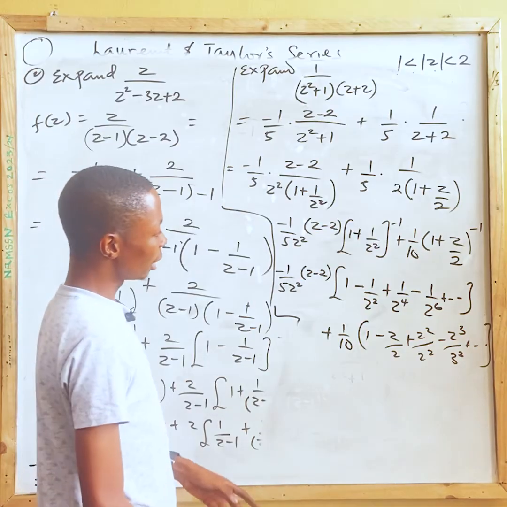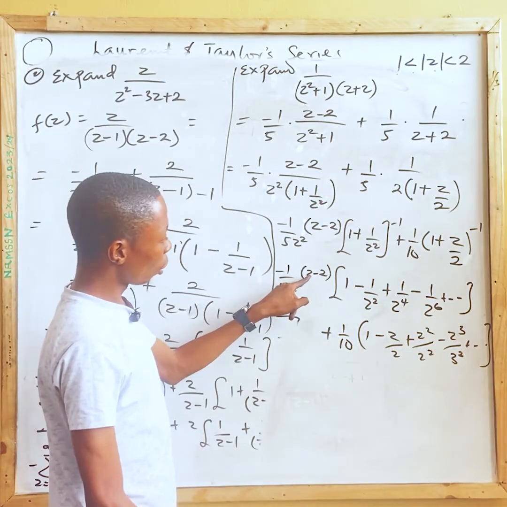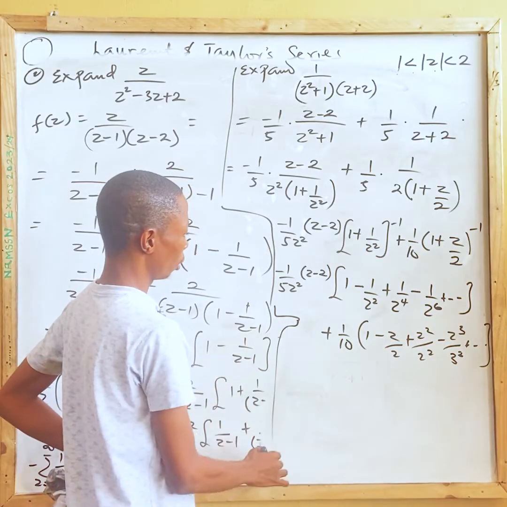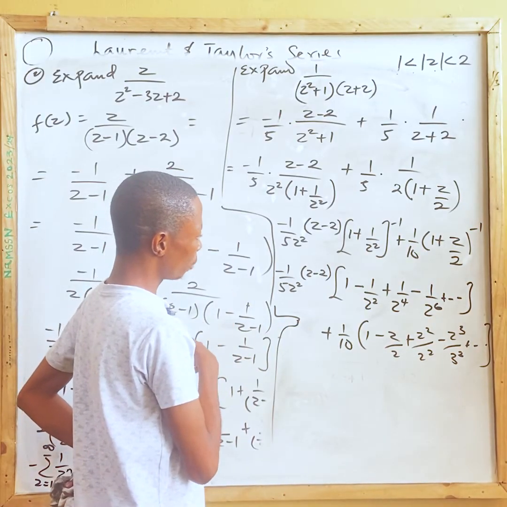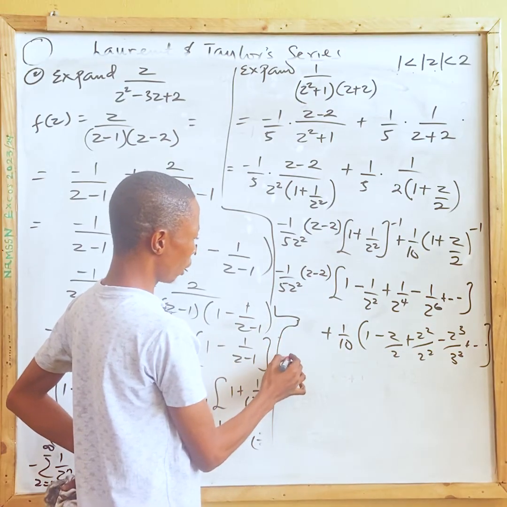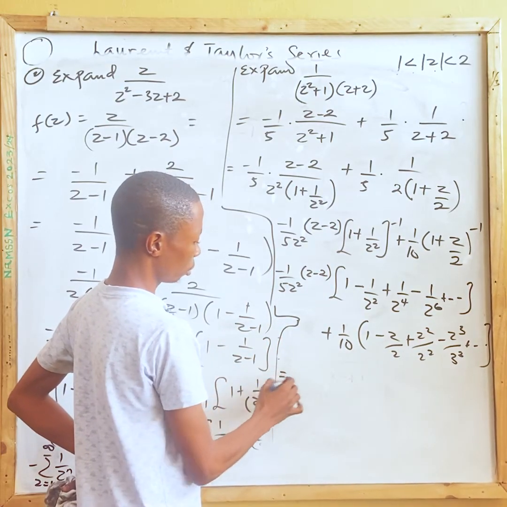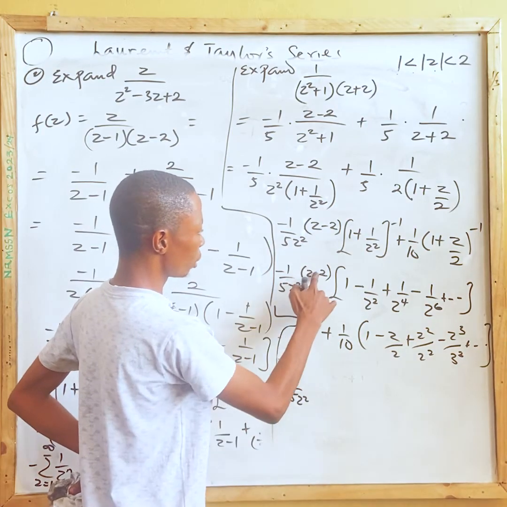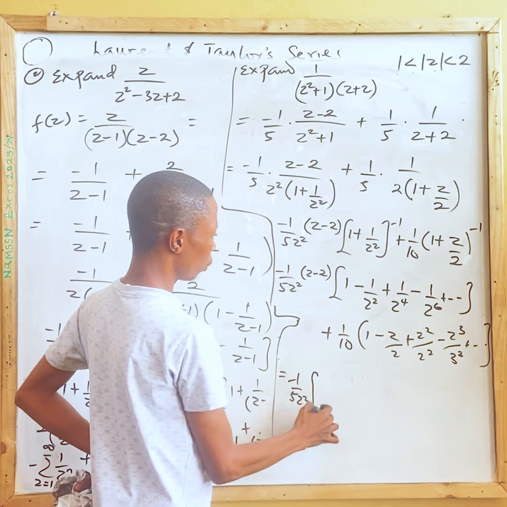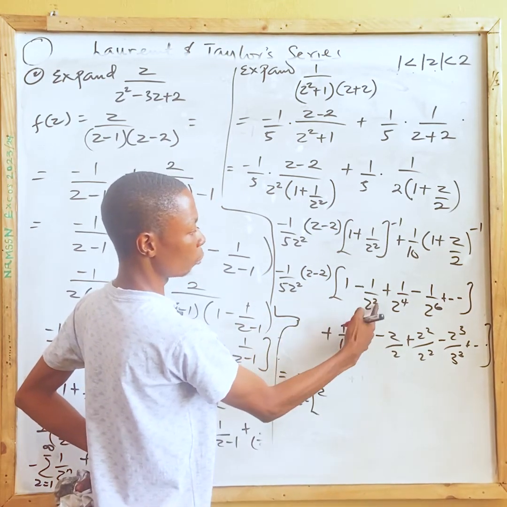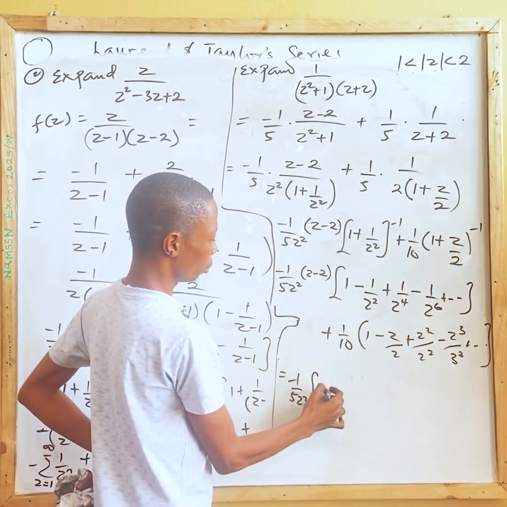So the next thing is to open the bracket with z minus 2. How do I do that? If I want to open the bracket with z, should I start from here or use this one first? Anyhow, this is minus 1 over 5z squared. Use z to open the bracket. If I multiply this one by z, one z will go, we are going to have 1 here.